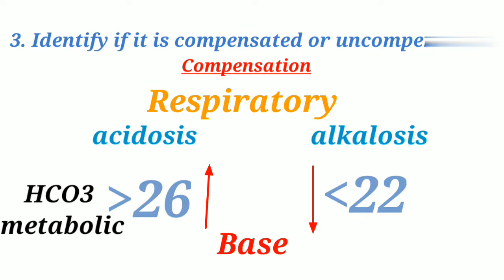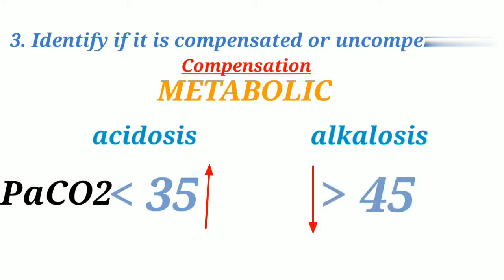If it is acidosis and the level is more than 26, it's partial compensation. If the patient is admitted with a respiratory problem, we have to check the base. If the patient is admitted with a metabolic problem, we have to check the CO2 level in case of acidosis and alkalosis.